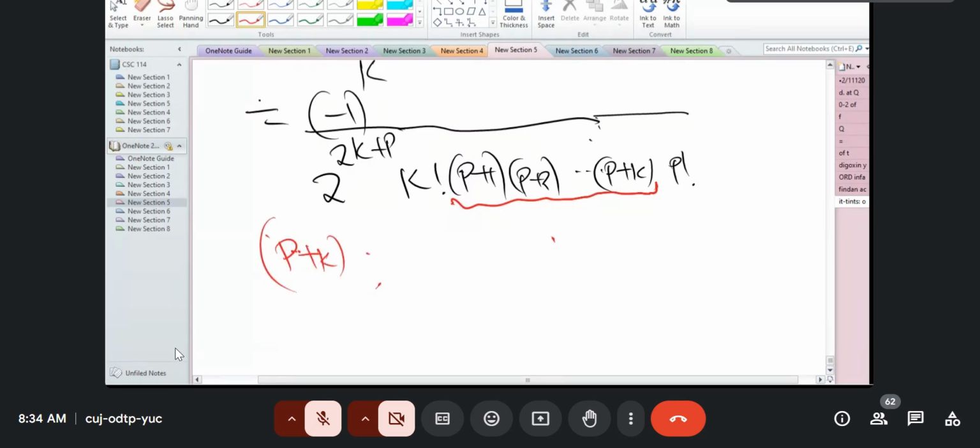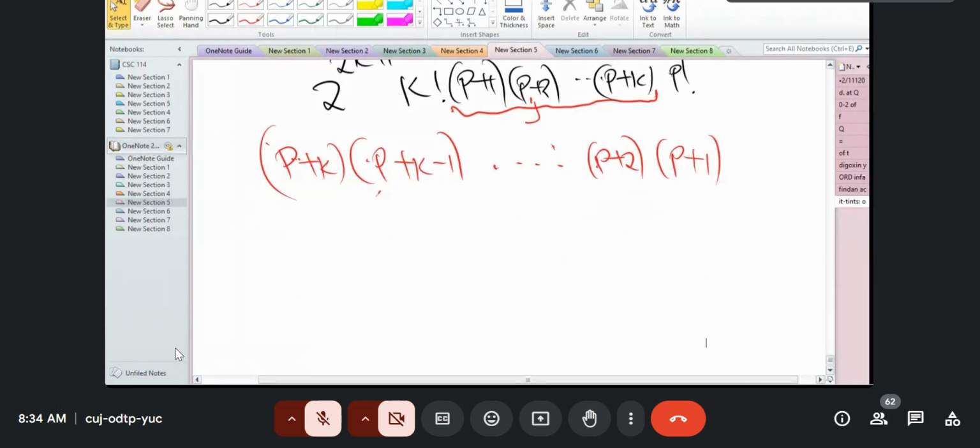P plus k, the second last is p plus k minus 1, all the way up to p plus 2, then p plus 1. Let's rearrange this term. We start with p plus k, then go all the way up to p plus 1.